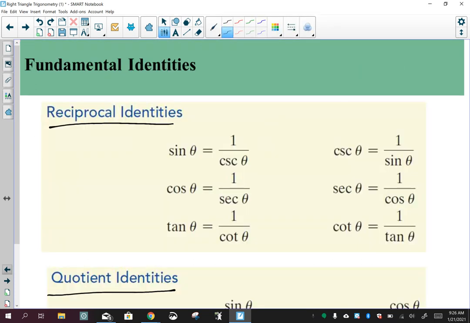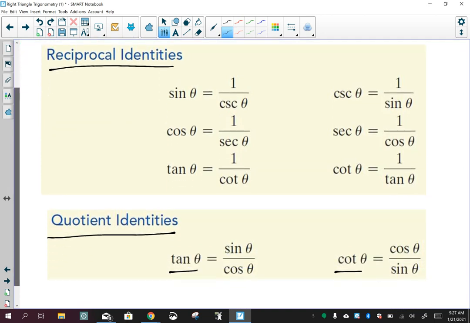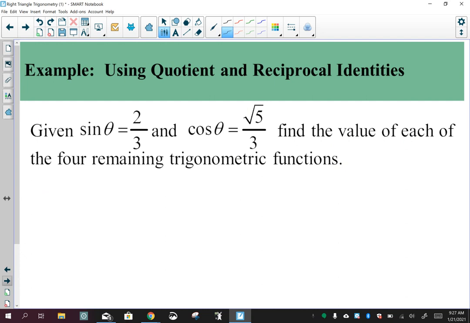Using the identities we just talked about, we're going to put everything together. They gave me sine and cosine, so I need to figure out tangent, cotangent, cosecant, which is the reciprocal of sine, and secant, which is the reciprocal of cosine.